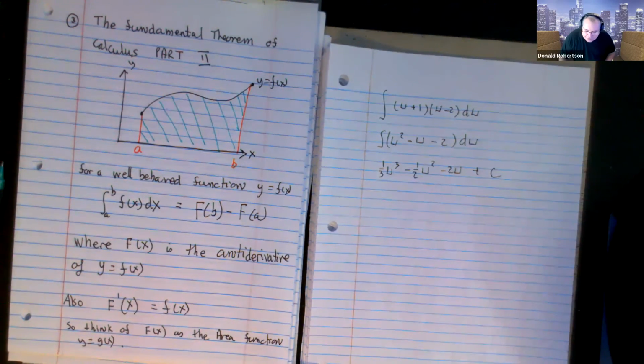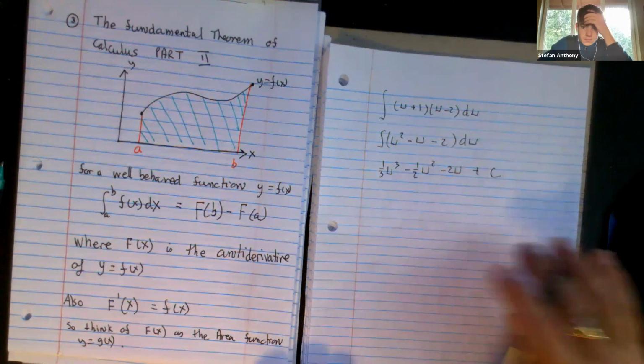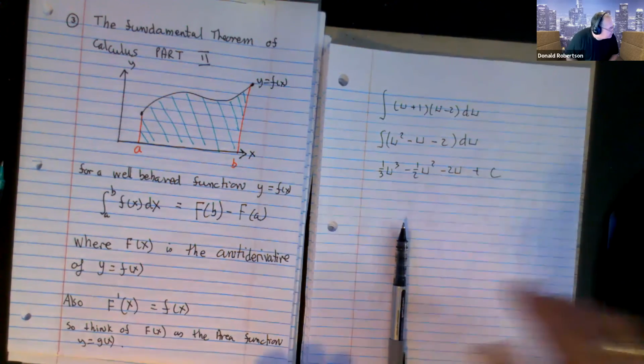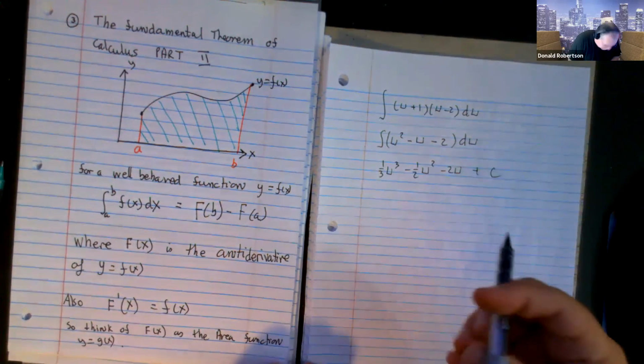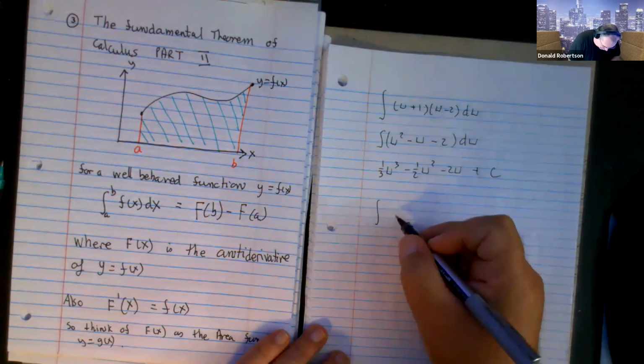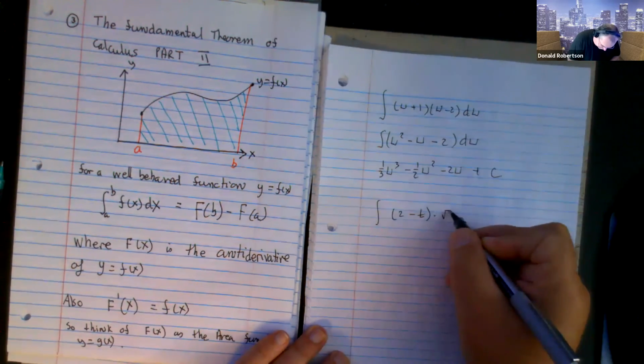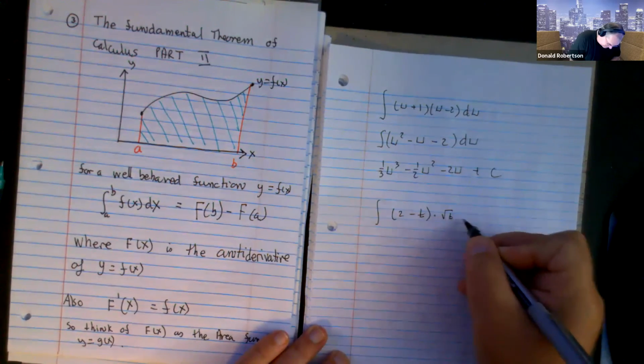Let's try, oops. I'm going to just mute you all, so you're going to have to hit spacebar now. Now, how about this puzzle? The integral of 2 take away t times the square root of t dt.